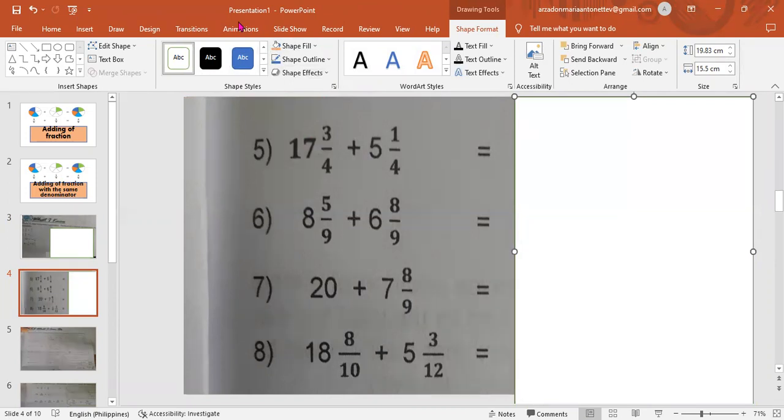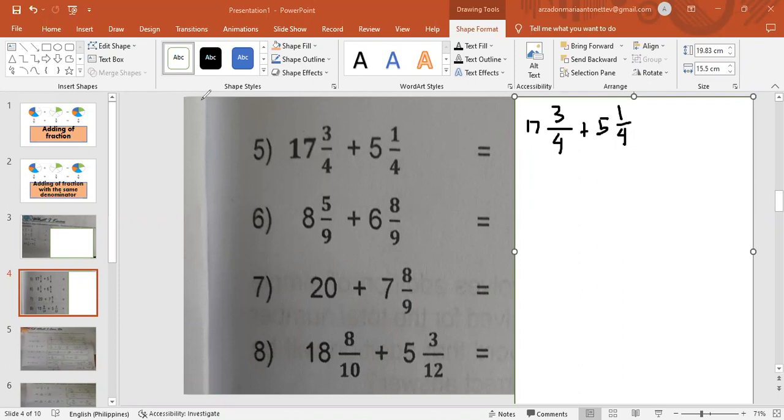So let's proceed to number 5 now. Okay, the given is 17 and 3/4 plus 5 and 1/4. Okay, so let's try to see the illustration for that.